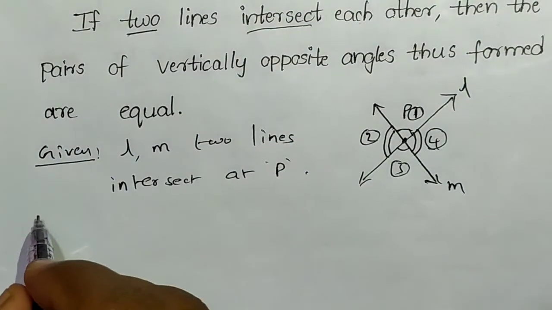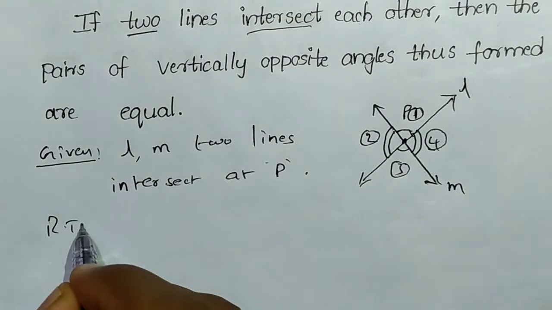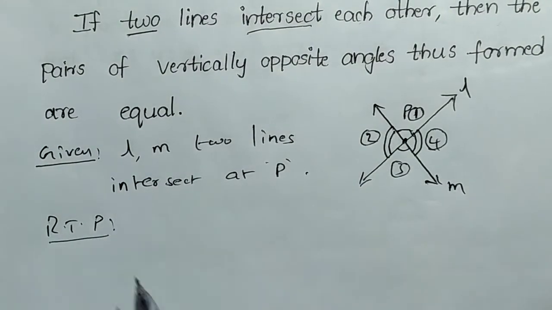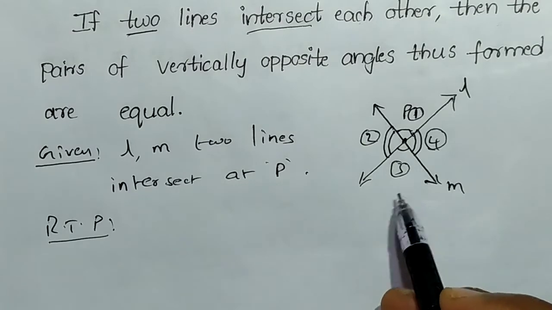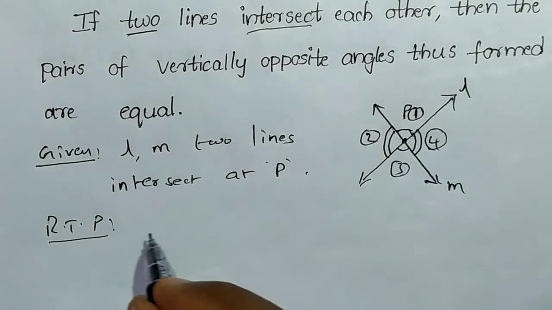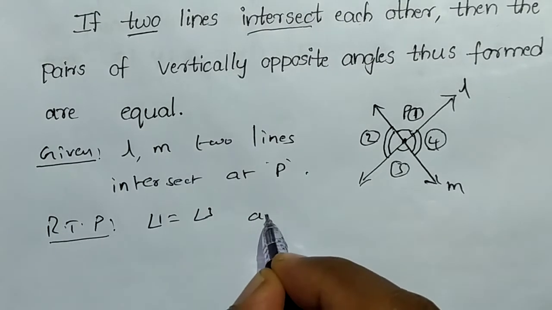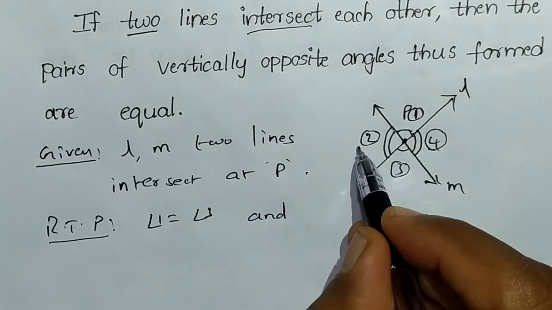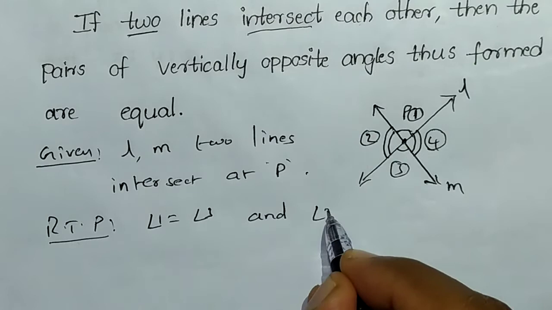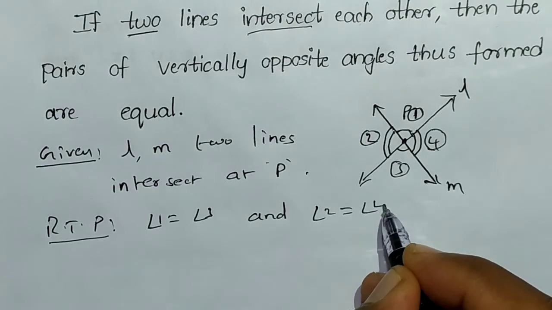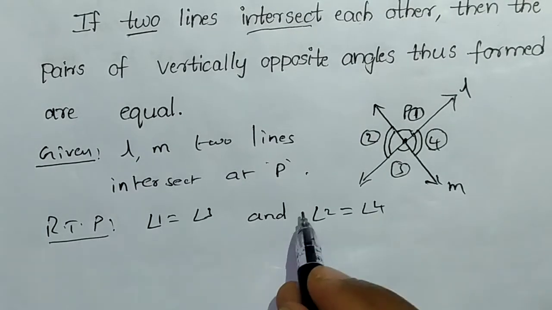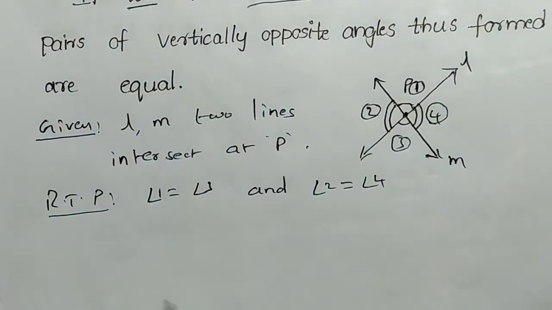Next, what is RTP? Required to prove. Yes, vertically opposite angles are equal. Means angle 1 equal to angle 3 and angle 2 equal to angle 4. This is required to prove, right? Now go for proof.